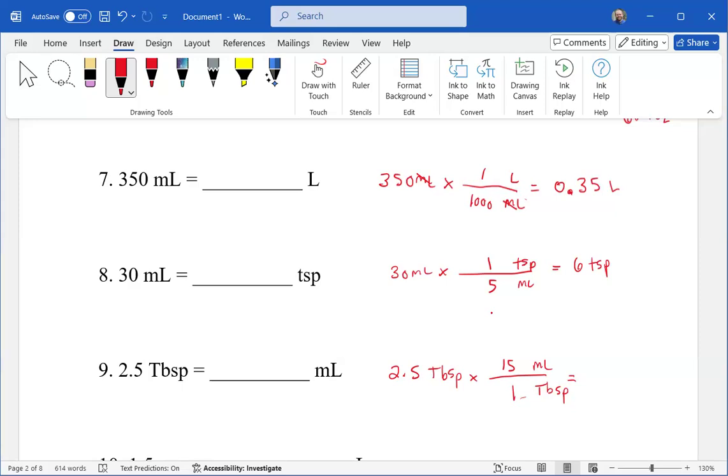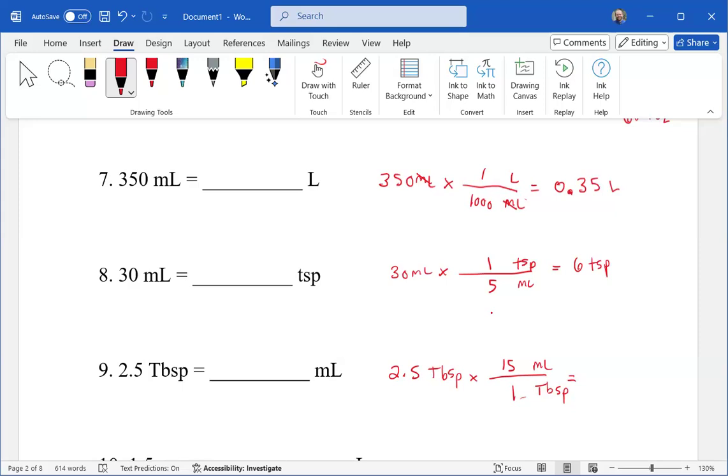A lot of it is just setting up your conversion factor. If you find your answer is wrong compared to the key, try multiplying if you divided, or dividing if you multiplied. And if you're doing that consistently, then you really need to find a more consistent method, and dimensional analysis might be the way to do that.